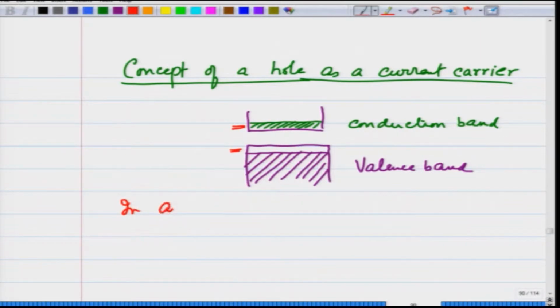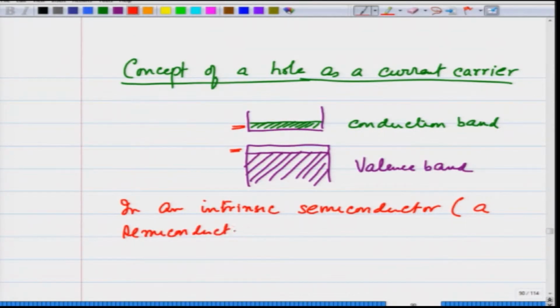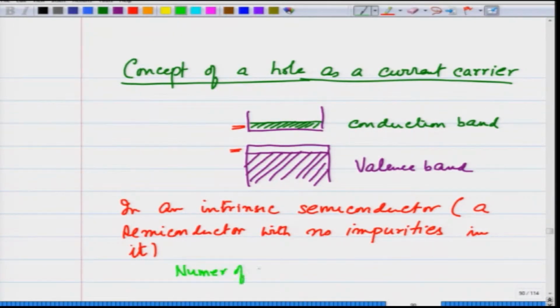So, in an intrinsic semiconductor, and by that we mean a semiconductor with no impurities, which we will talk about later, we can clearly see that the number of conduction electrons is equal to number of holes, and holes are in the valence band and the conduction electrons are in the conduction band.